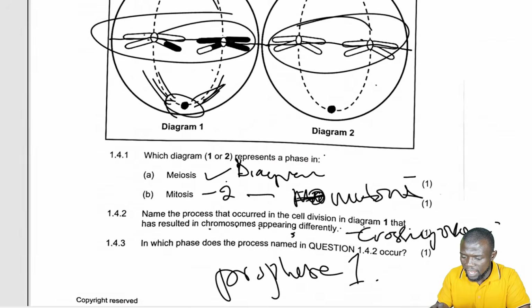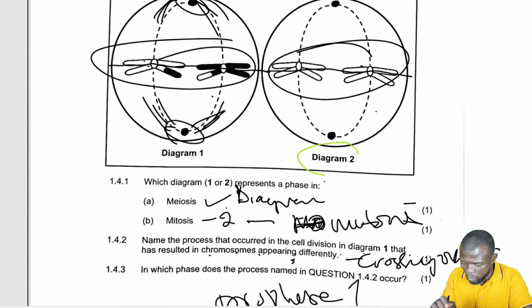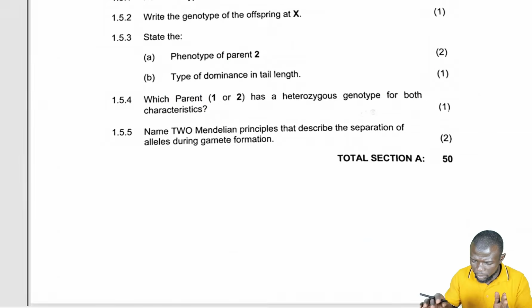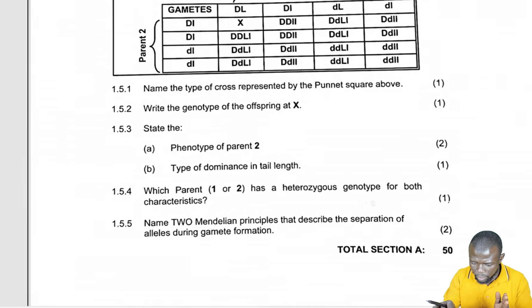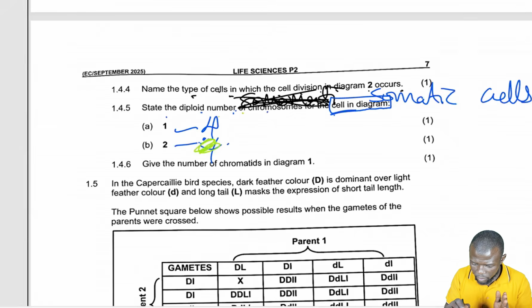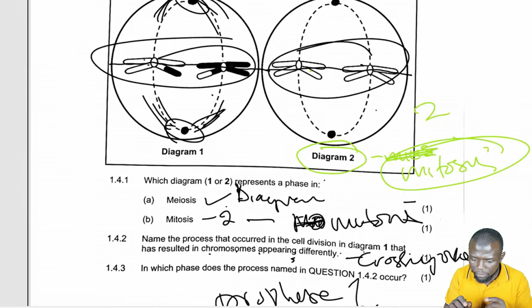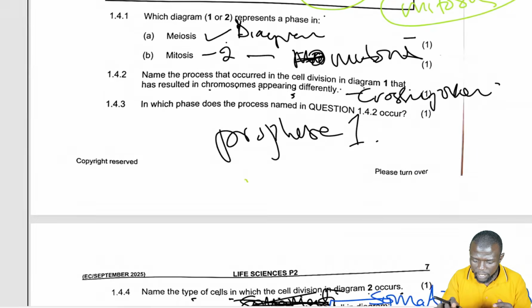Remember, if this is mitosis, let's analyze it like this. Mitosis doesn't change the number of chromosomes. So if it is 2, they're going to be 2 from the beginning until the end. If they're saying diploid number, and here I'm seeing 2, it means this is not 4. This is going to be 2. While this one, since it looks to be metaphase 2, then in meiosis 1 there were 4.